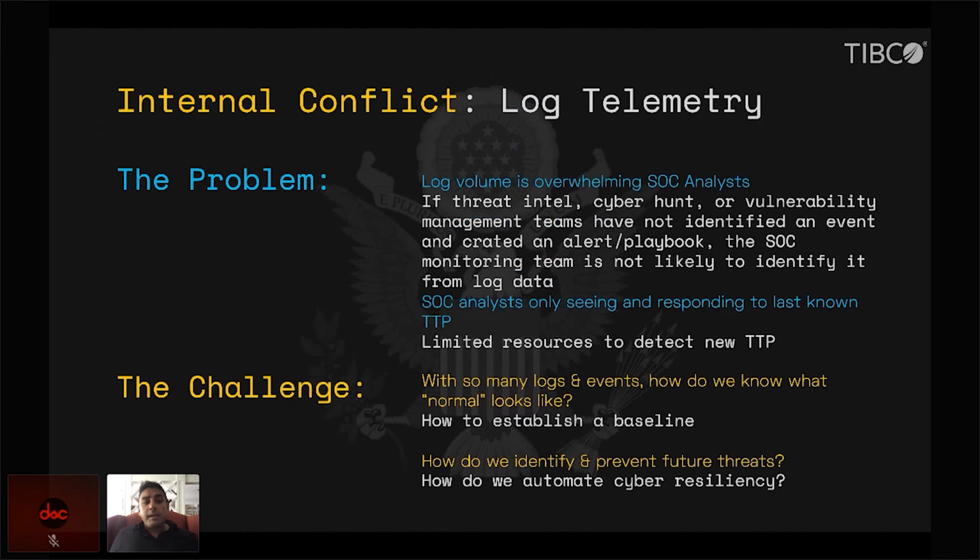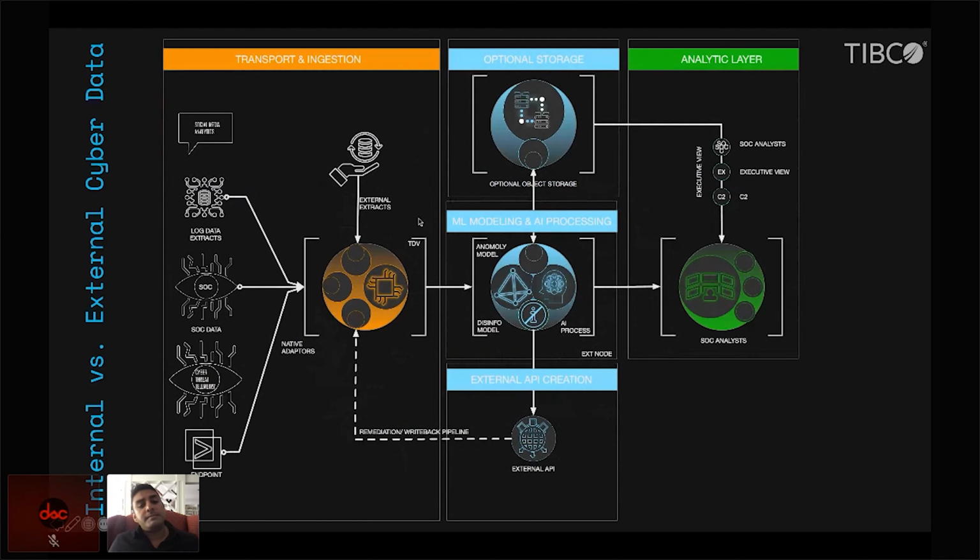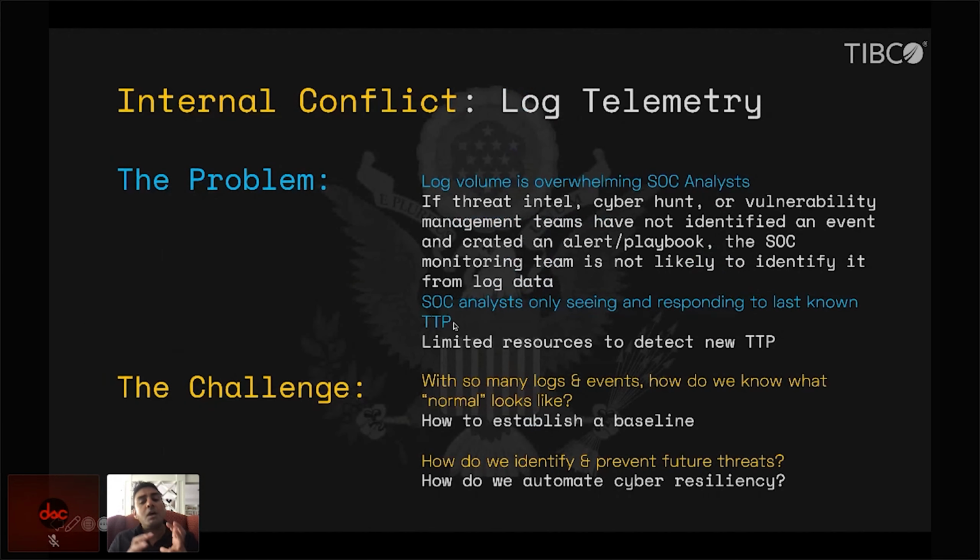So let's get started. Let's talk about this from an internal conflict log telemetry perspective. So let's lay out the problem from an internal perspective. As you recall from this diagram, we have all this data that's coming in. And because we have this overwhelming amount of data, SOC analysts are almost overwhelmed.